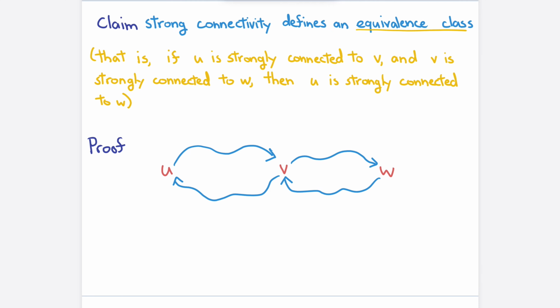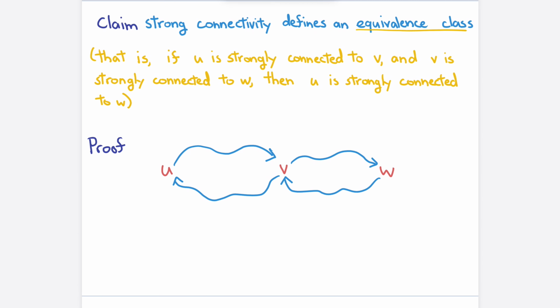Yeah. If they're an equivalence class, then by transitivity, if you can reach V and if you can reach W. Yeah, I would frame it only slightly differently, because we're proving that it's transitive and we're proving that it's an equivalence class. But yeah, you said the key thing.